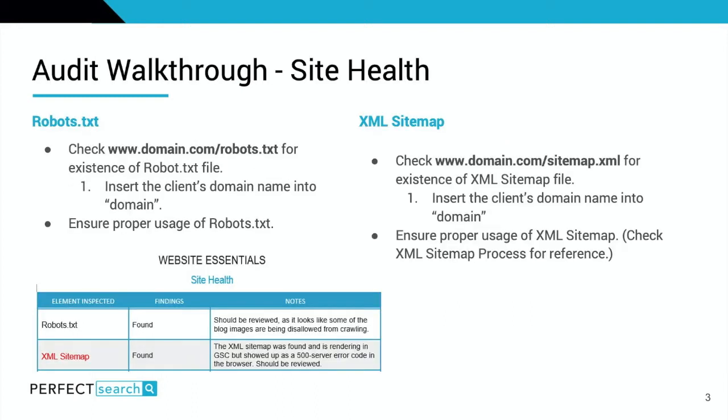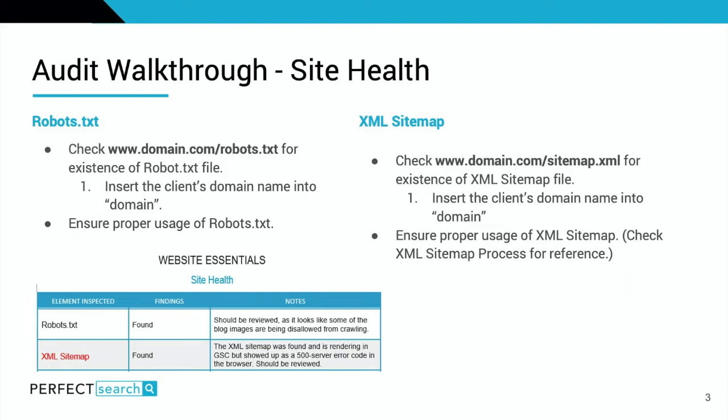So the first portion of the audit itself is site health, and this is most likely the largest portion of the audit. So the first 2 elements that we look into on any website when conducting an audit is the robots.txt file and the XML sitemap.